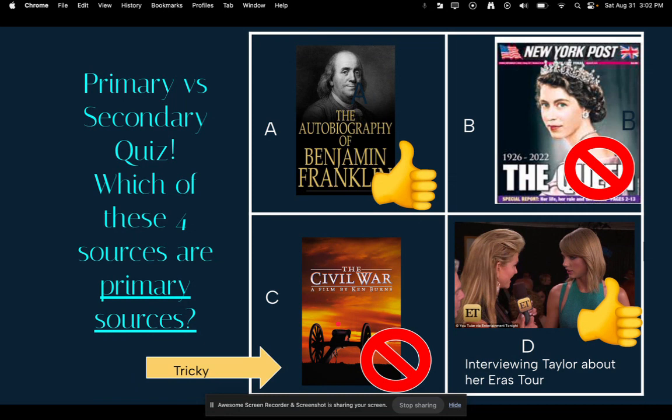But let's say there's a photograph or there's a video clip of someone during that event speaking. That could be considered a primary source in those instances. So typically, documentaries are a mix between the two. And then Taylor Swift being interviewed about her Eras tour, that would be a primary source because Taylor Swift is talking about her own musical tour.